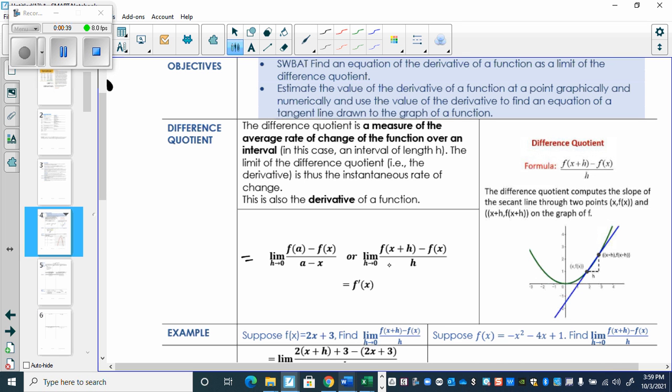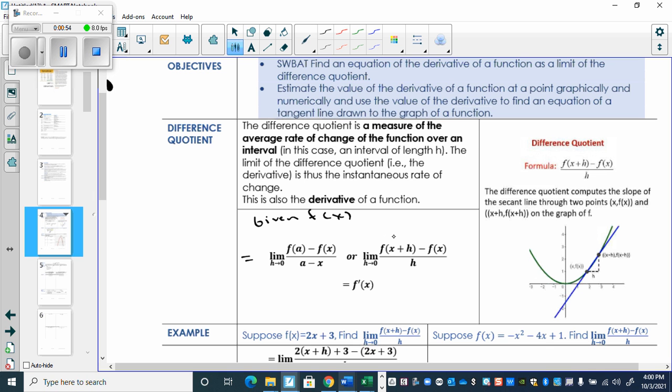Definitely both of them. If you're given a function f of x, you'll need to be able to use both of these, okay?